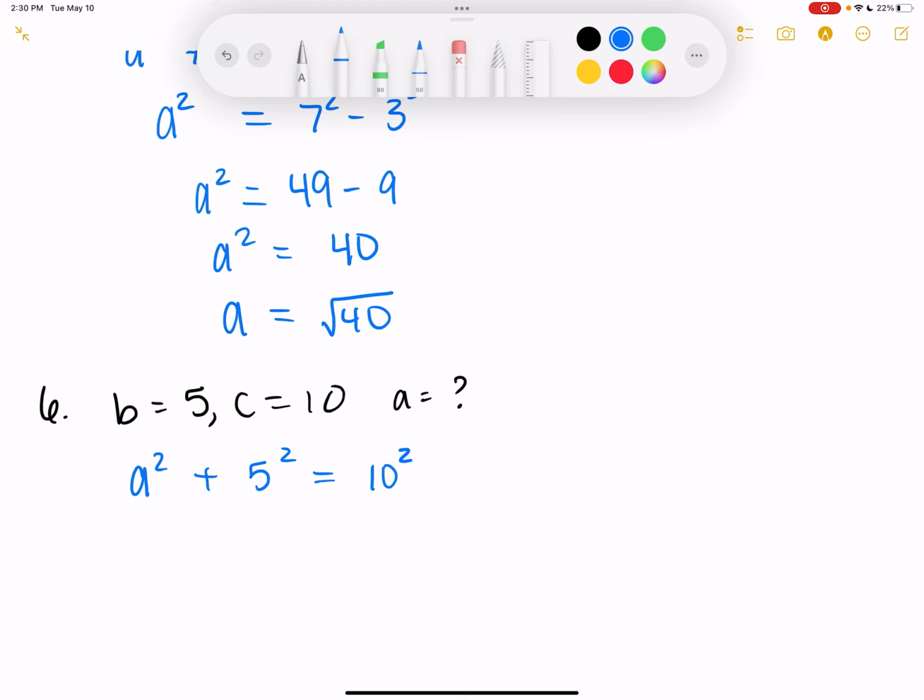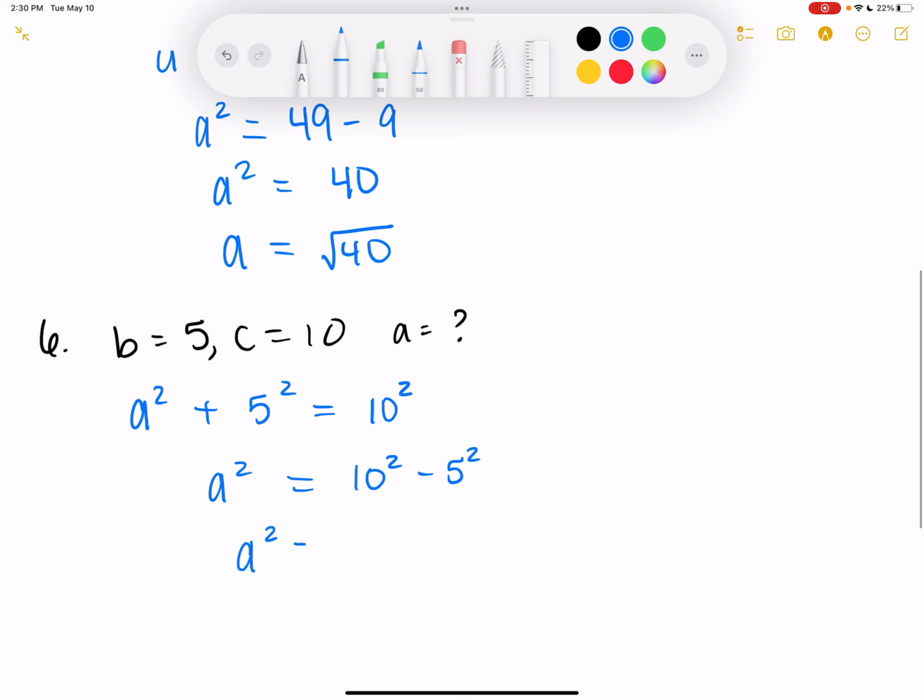Then you want to subtract the 5 squared to the other side. So 10 squared minus 5 squared. Then you want to square the stuff, so it's 100 minus 25. And then that's 75. So it'd be the square root of 75.